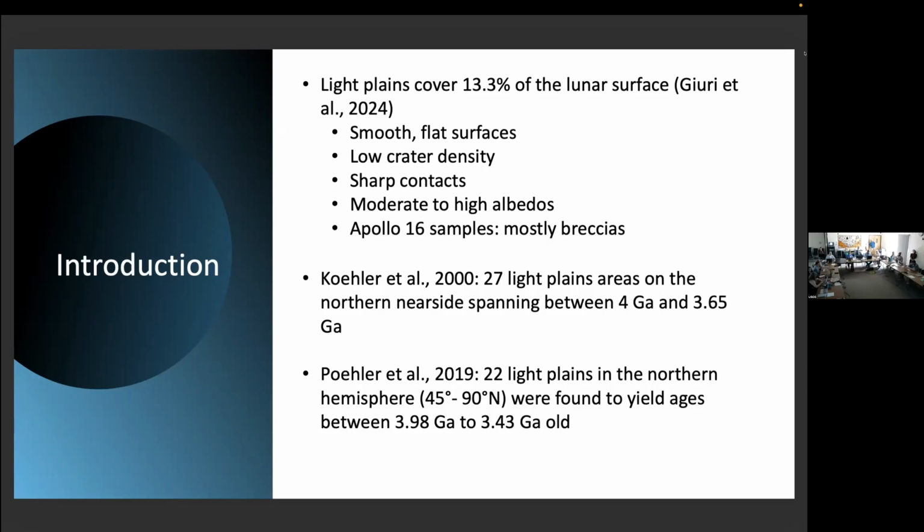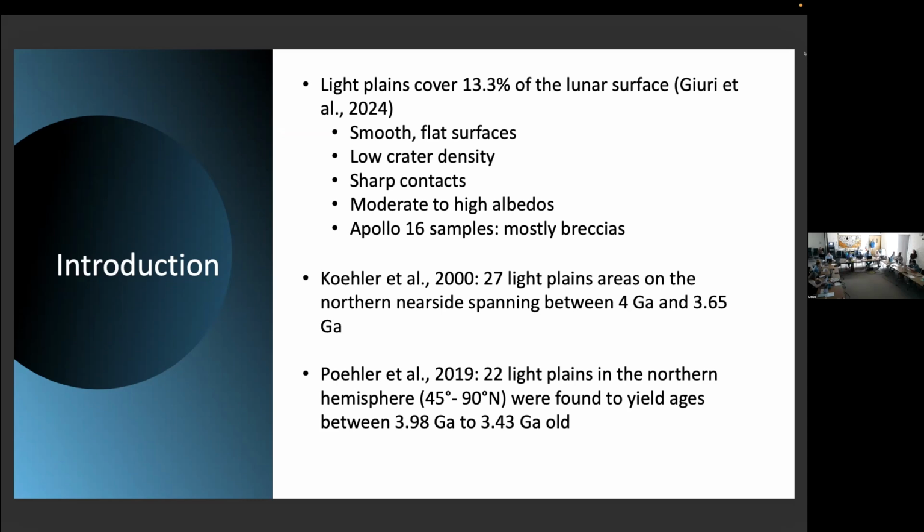Prior to this work, there have been regional maps of light plains model ages focused on specific parts of the moon, done by different groups. Hence we have a whole range of model ages that somewhat overlap too.